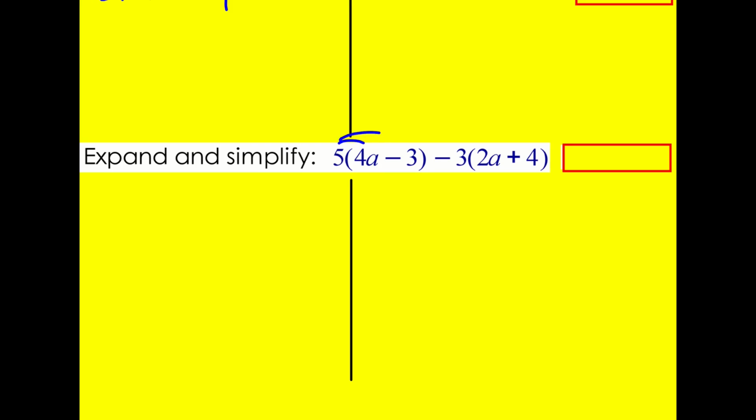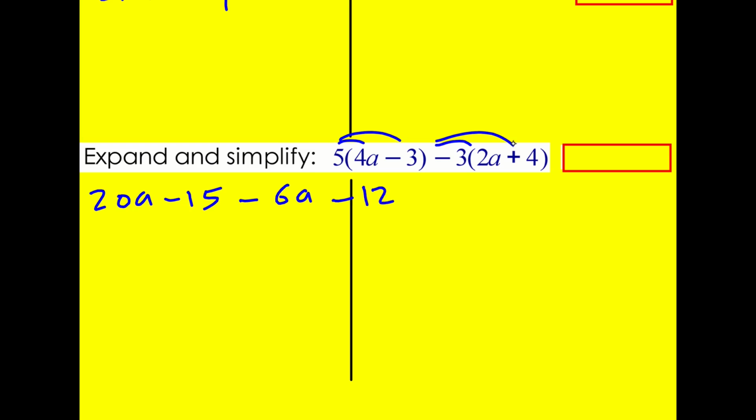The more confident you get, you don't always have to add these little things. I think it helps until you're so confident you never make mistakes. I would add the little lines just to remind you to multiply them both, etc. So 20a minus 15 minus 6a, and then minus 12.